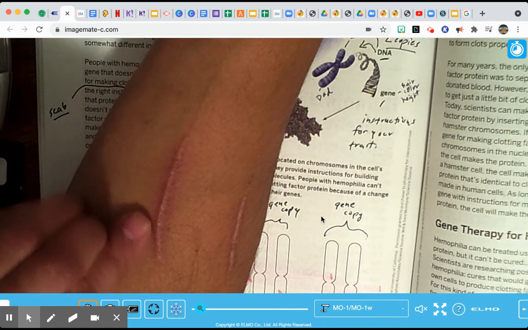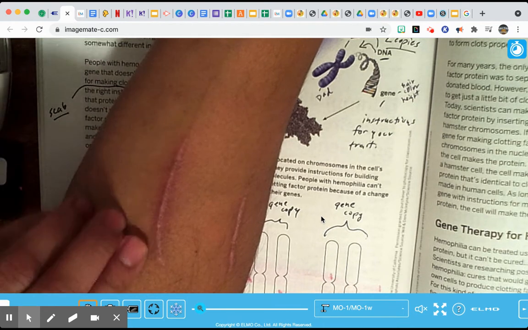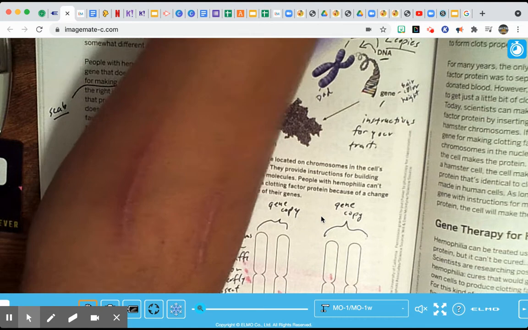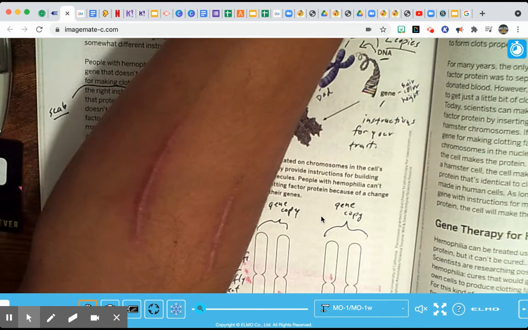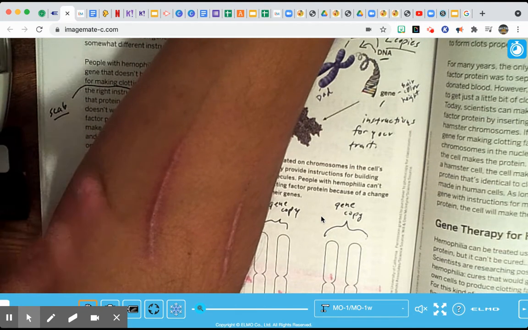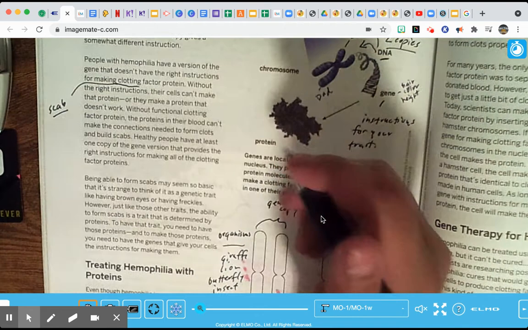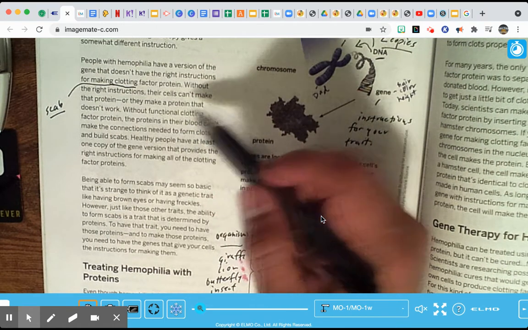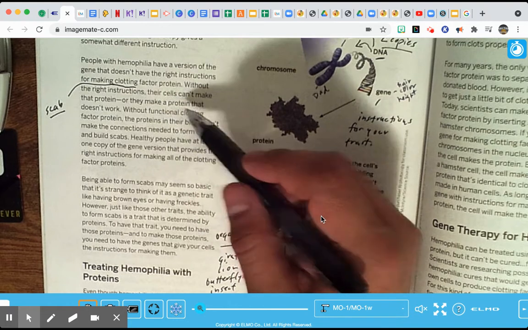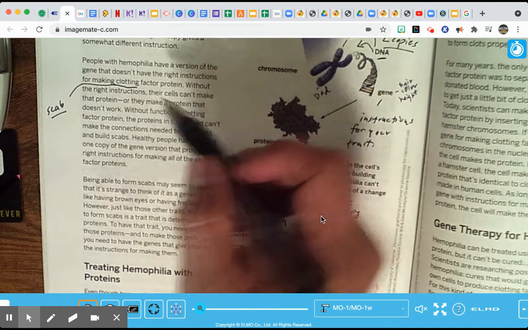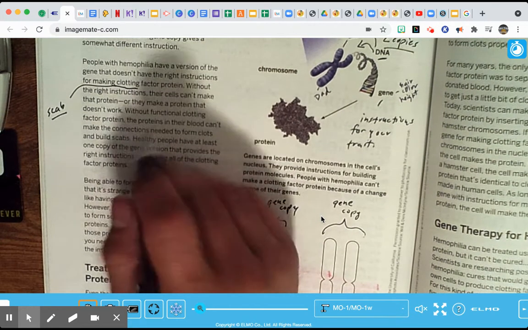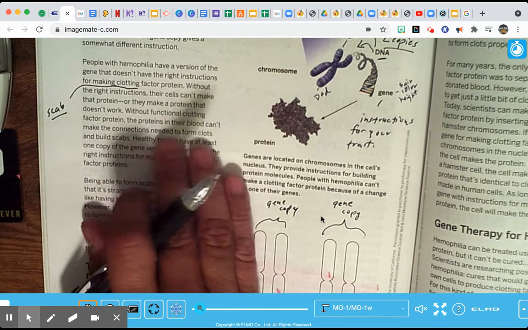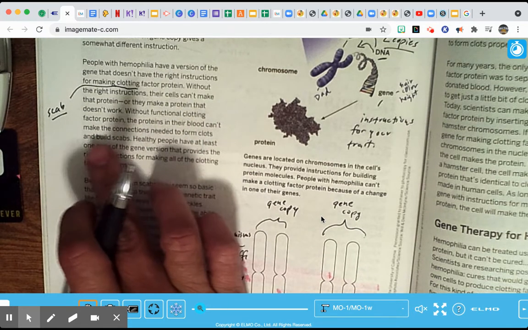Okay, a clot. Clotting is formed, blocking the blood from coming out of my arm. So this is a scab. Without the right instructions, their cells can't make that protein, or they make a protein that doesn't work. Without functional clotting factor protein, the proteins in their blood can't make the connections needed to form clots and build scabs.